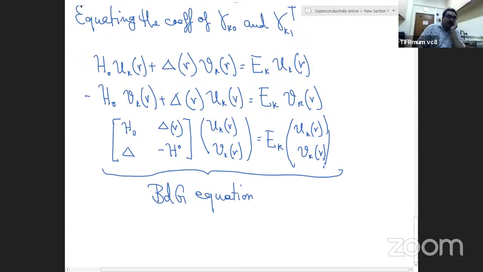All right. One thing that I want you to appreciate is that if I put delta equals to 0, then these two equations become decoupled, and I just get this is the equation for the electron, and for the hole the energy is negative, it's a time reversed state.